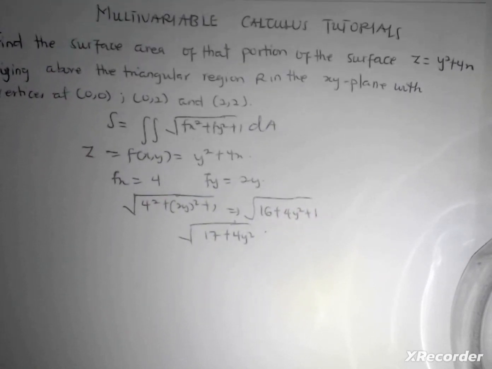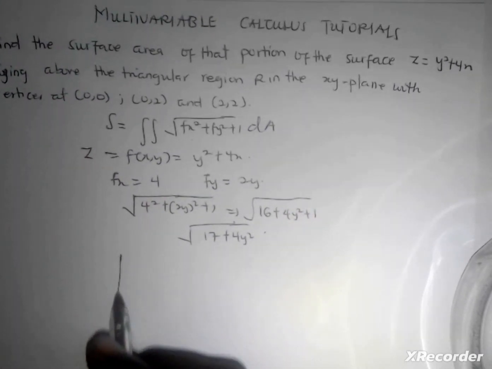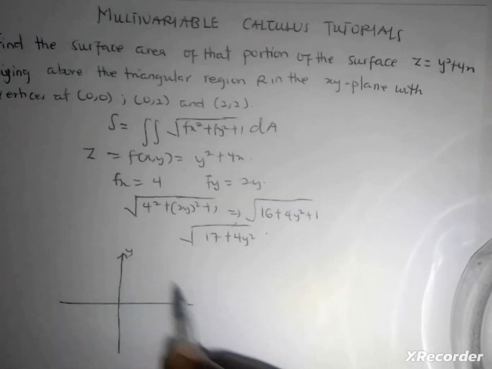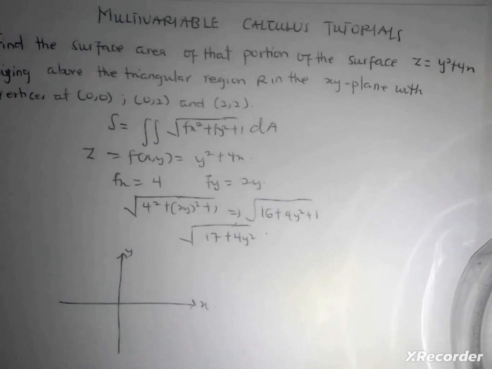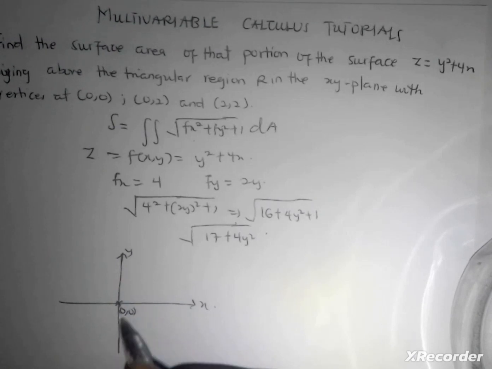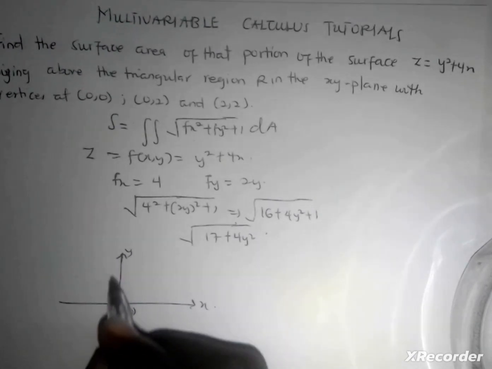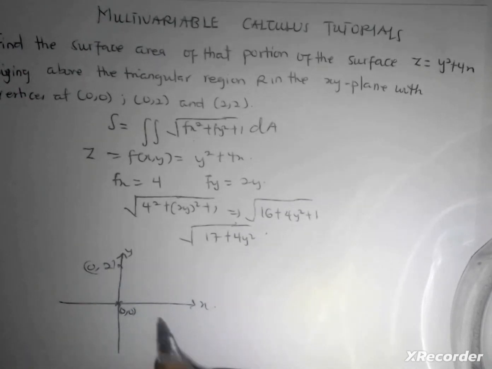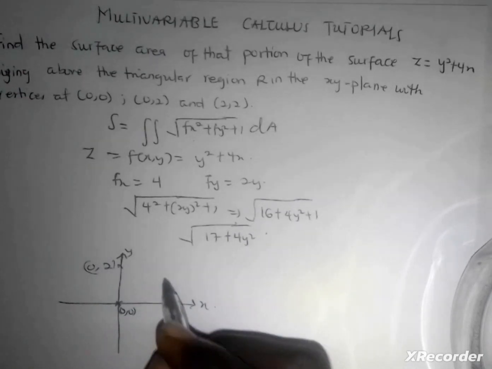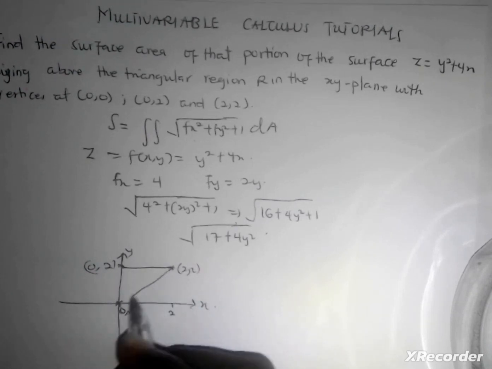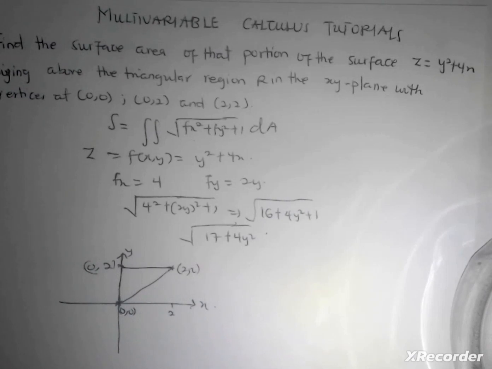This is my y axis and this is my x axis. The first point was (0, 0), so it falls here. The second point is (0, 2), so I'll mark 2 here. Then finally (2, 2), so 2 here and 2 here. I'll join them and get this triangle.